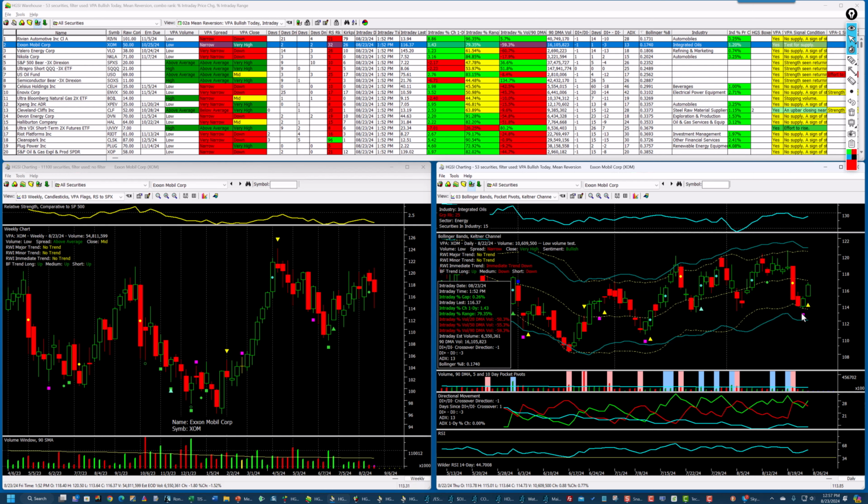Now yesterday would have been a good place to put this trade on, but if we use his rules in the book, or his suggestions, I should say, you can see that the Bollinger Bands are inside of the Keltner channel, so there probably won't be a great deal of movement.